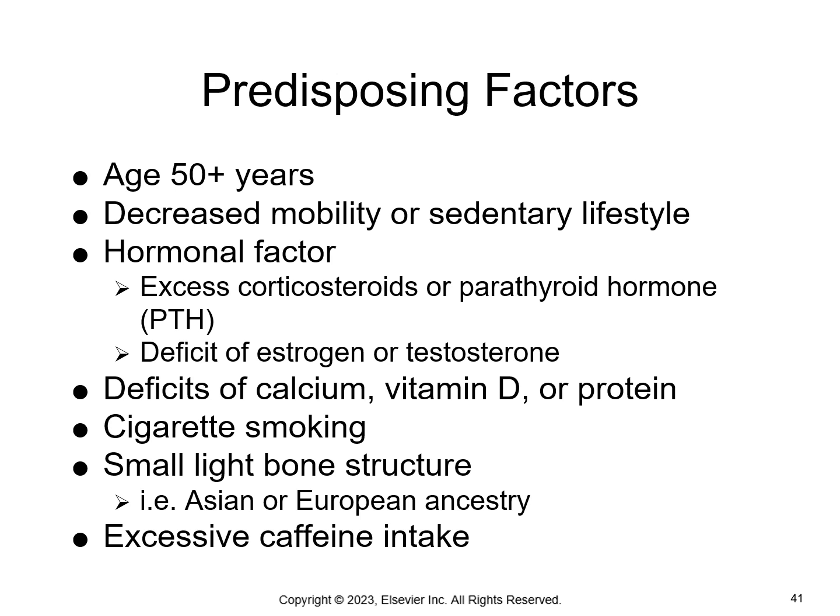Cigarette smoking can contribute to osteoporosis, and other people at risk would include people that have a small, light bone structure, such as Asian descendants or some Caucasian people as well. Also, excessive intake of caffeine can result in osteoporosis.